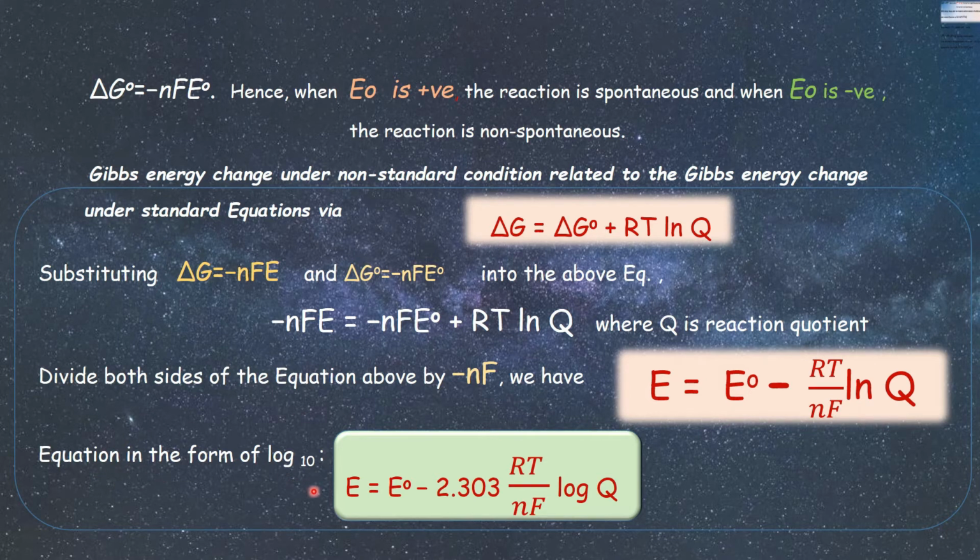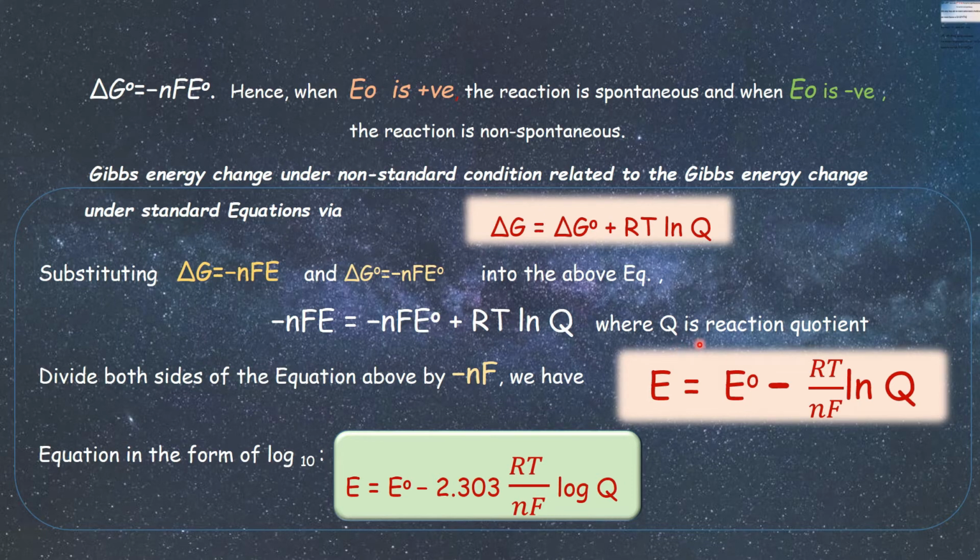If you convert that into log to the base 10, the equation becomes E is equal to E0 minus 2.303 RT divided by nF log Q, where Q is the reaction quotient. You remember the reaction quotient?